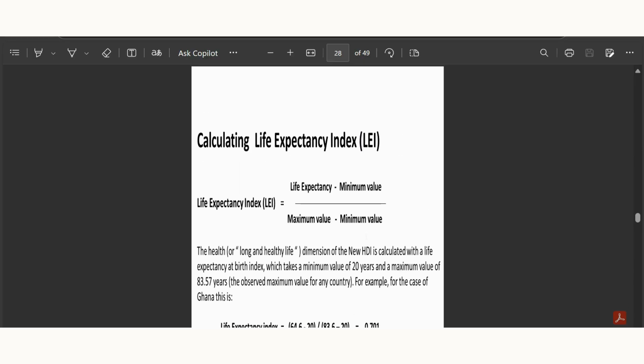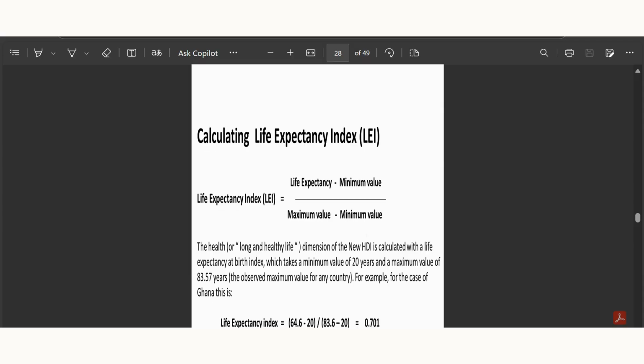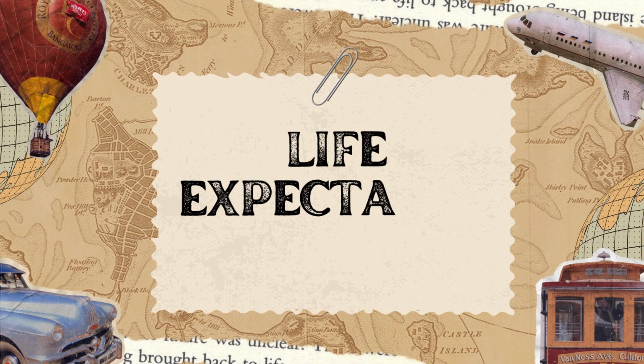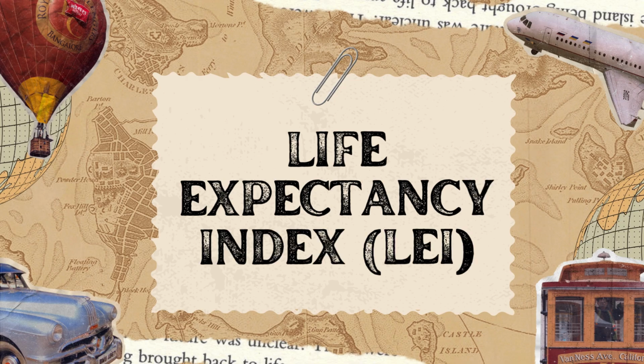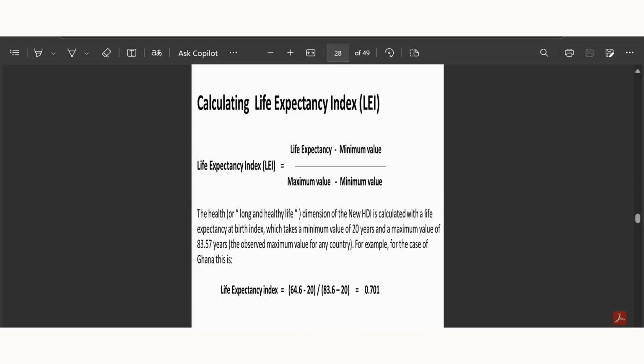Now let's talk about how to calculate the life expectancy index, LEI. Life expectancy index equals life expectancy minus minimum value, divided by maximum value minus minimum value.